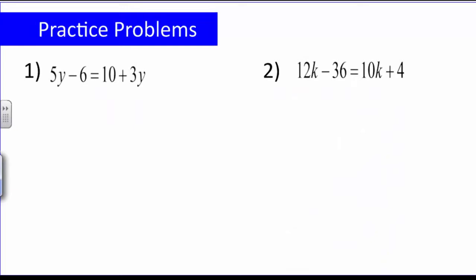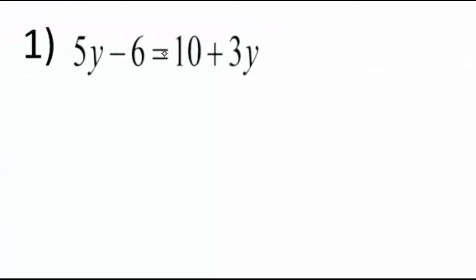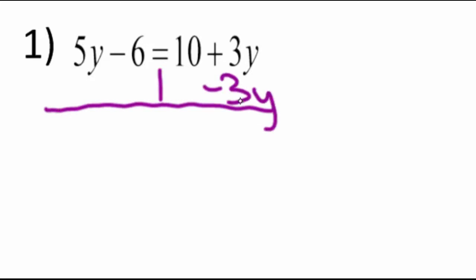All right, here are a couple problems for you to practice on your own. 5y minus 6 equals 10 plus 3y. I want to solve this for y. First, I'm going to eliminate a variable term on one side of the equal sign. I'm going to eliminate the 3y from the right side.